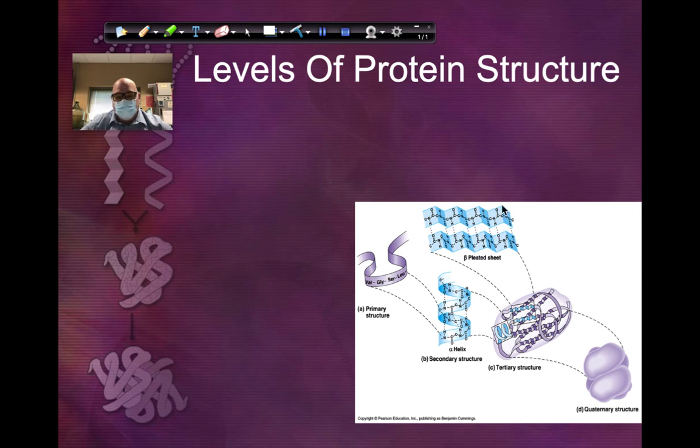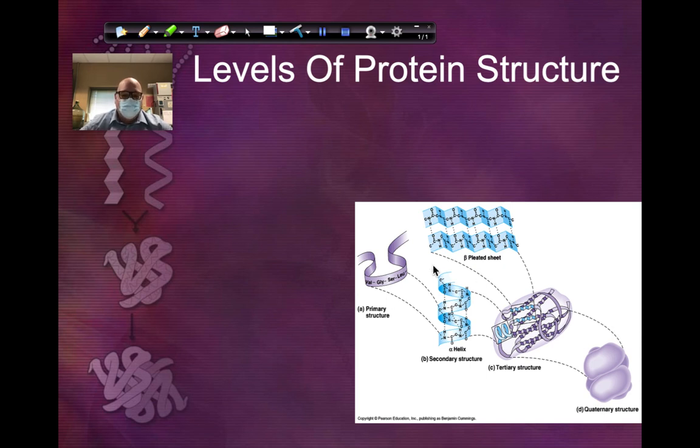So all 3 of these make this tertiary structure. It's not called tertiary because there's 3. It's called tertiary because it's the first, second, and third level. Multiple tertiaries, these little jelly bean looking things that are full of amino acids, come together to make these quaternary structures. And these are sort of the complete final protein.